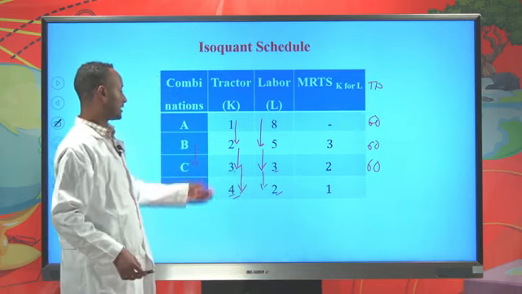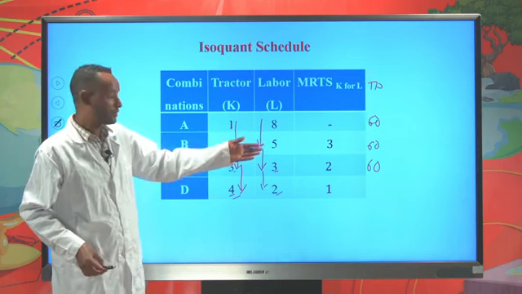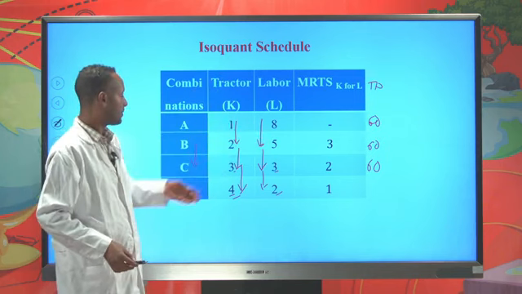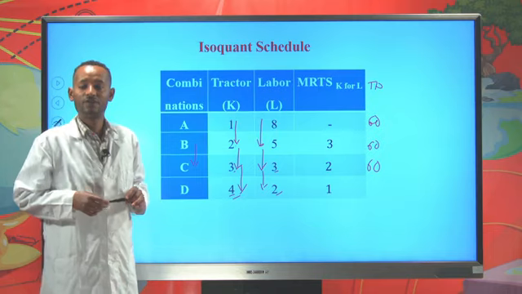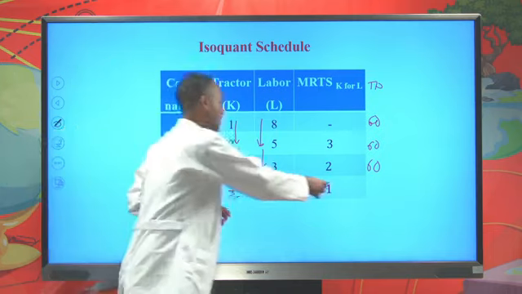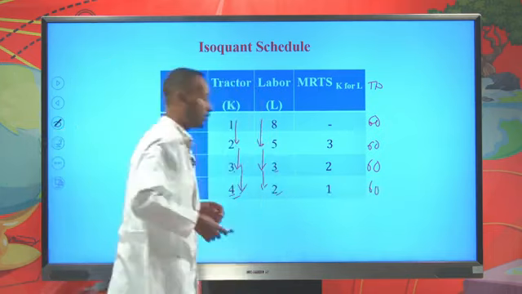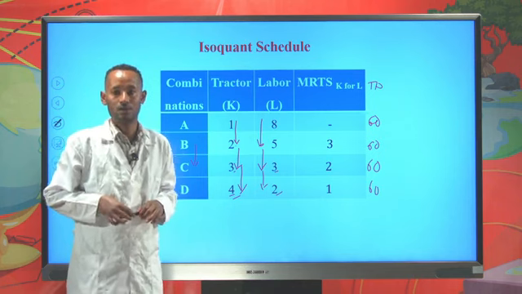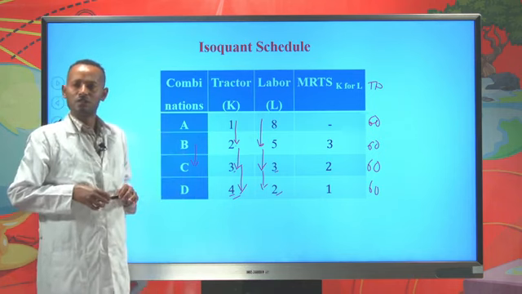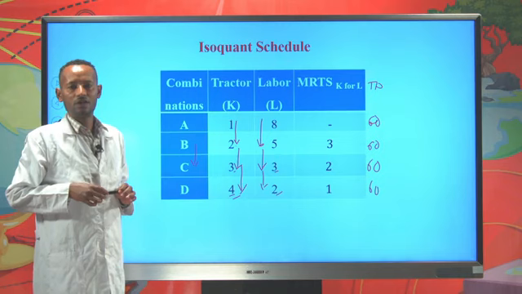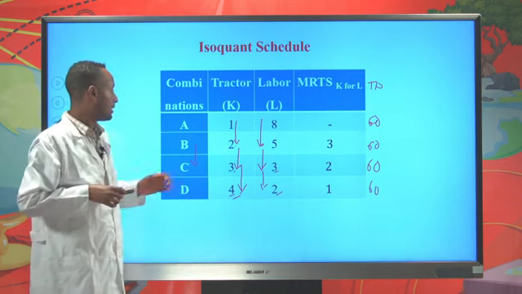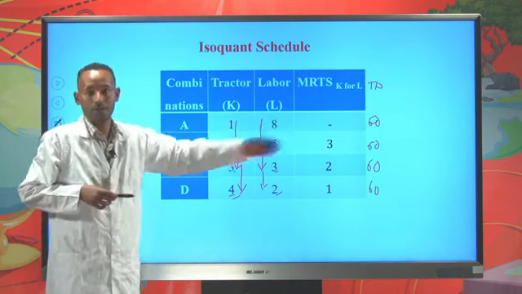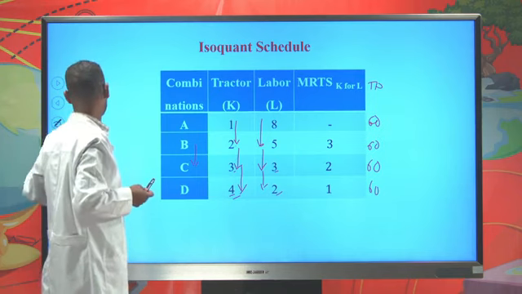So the farmer gets 60 quintal of wheat from 3 tractors and 3 labor, and at the same time 60 quintal from 4 tractors and 2 labor. So, this isoquant schedule shows the various combinations of two variable inputs that give the producer an equal level of output.